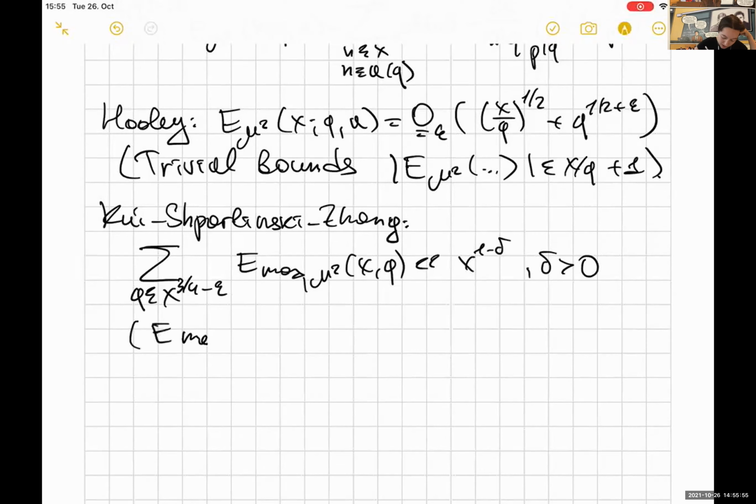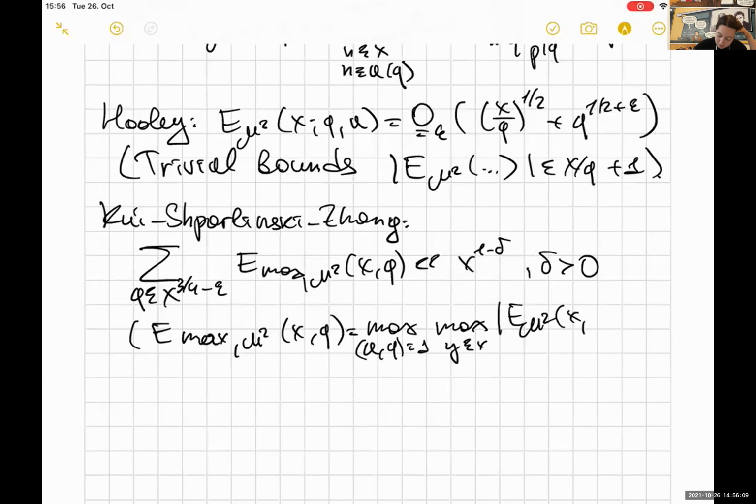Here E max mu squared of x, q is of course just the max over a coprime to q, max over y up to x, of E mu squared of y, q, a. So it is a complete analog of A of theta.